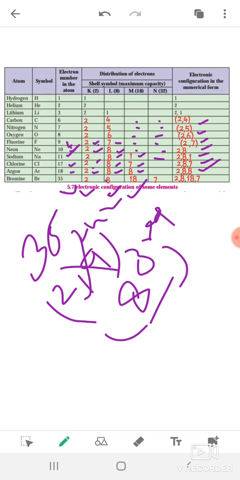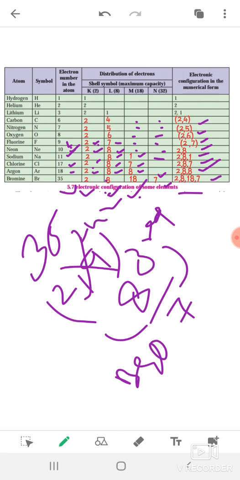And here the third rule is also followed, that the outermost shell has not more than 8, here 7. The N shell has the capacity of 32 electrons, but by distributing stepwise, the bromine's remaining 7 electrons will come in the next shell. So the configuration is 2, 8, 18 and 7.